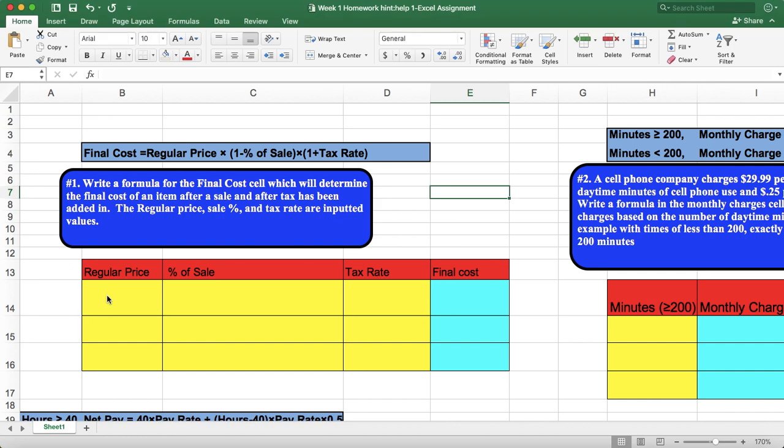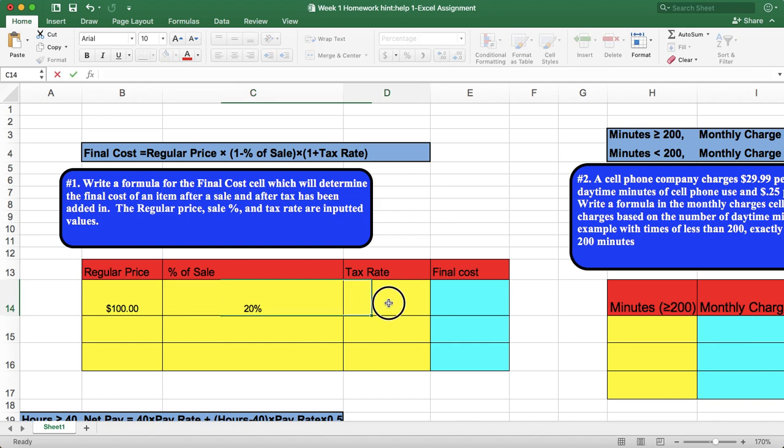Let's make it simple. The original price is 100, 20% off, tax rate 5%. How to calculate the final cost? That's very easy.